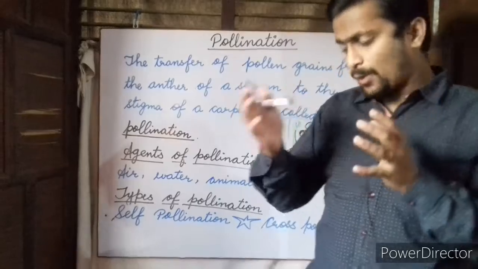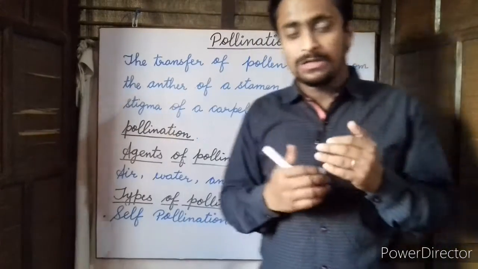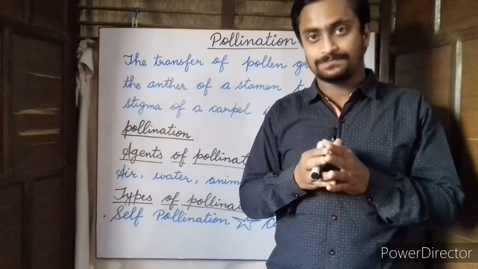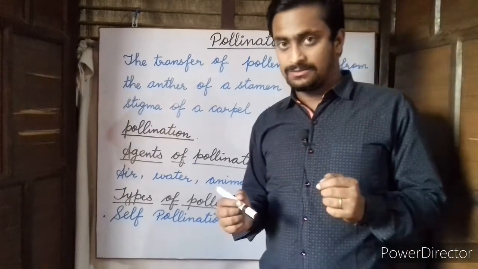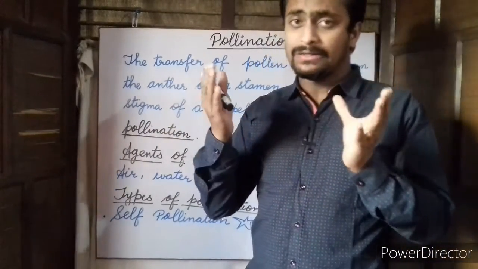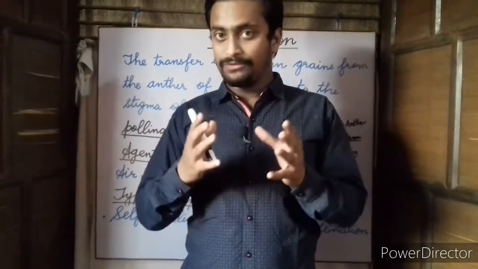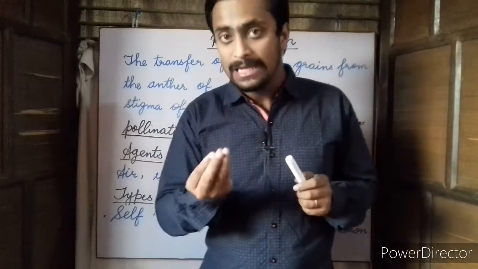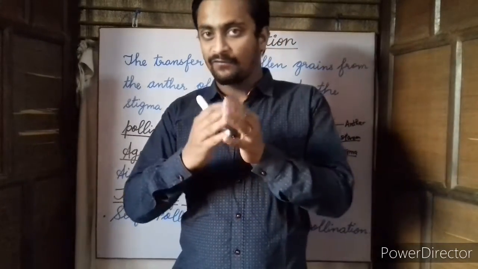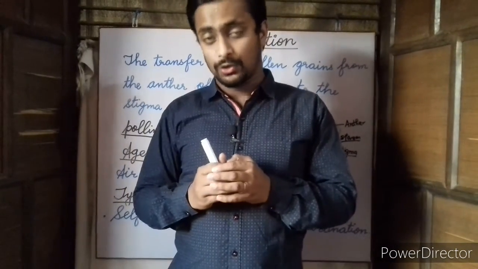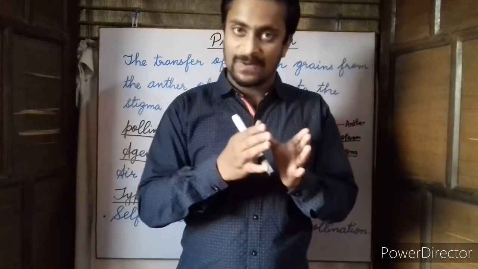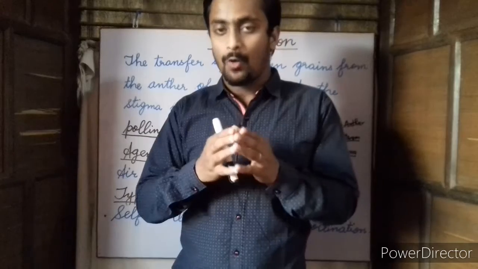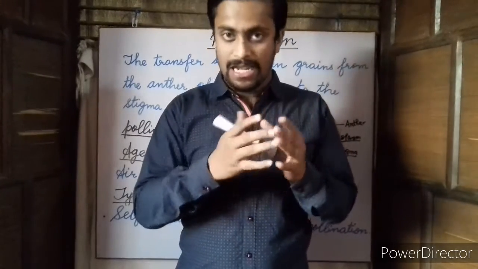Now this pollination process can be carried out by various means. First one is the air process. For pollination to occur via air, the pollen grains need to be very light so that they can float in air. So those plants in which pollination takes place by air are very light.